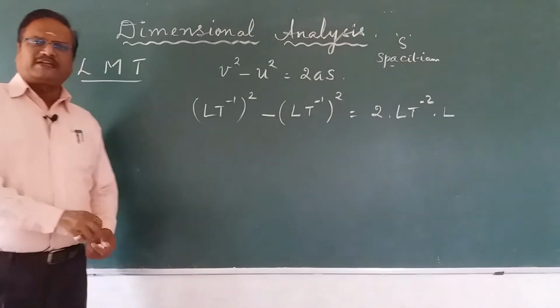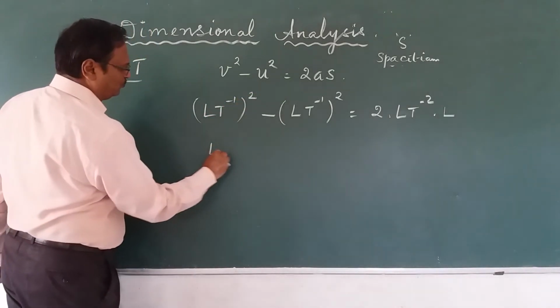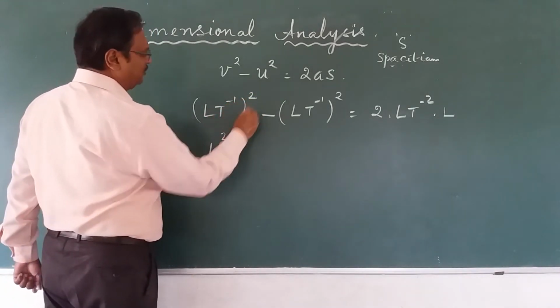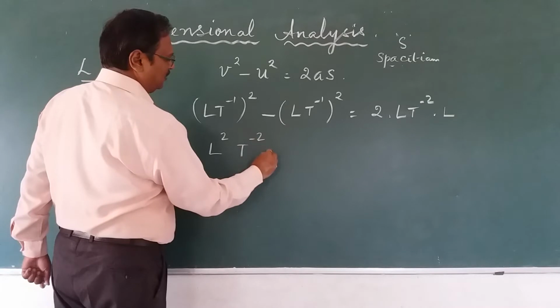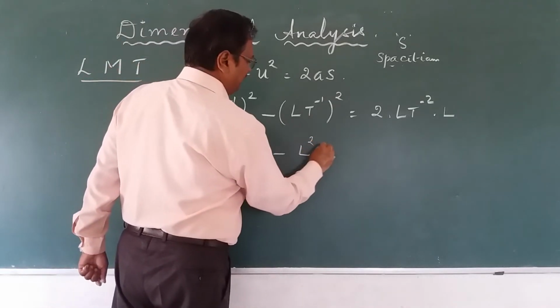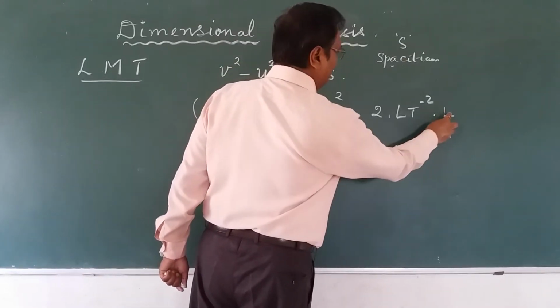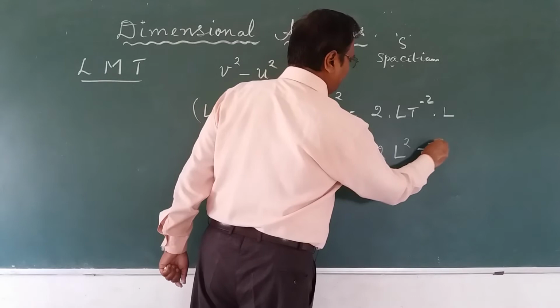Okay. Now, let me continue with solving this problem. So, L power 2, t power minus 2, minus L power 2, t power minus 2, is equal to 2 into L into L, t power minus 2.